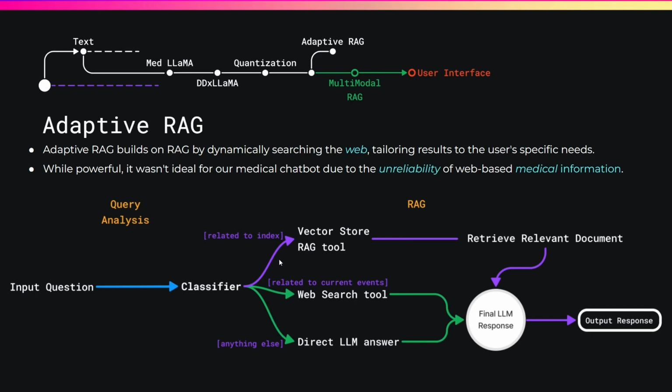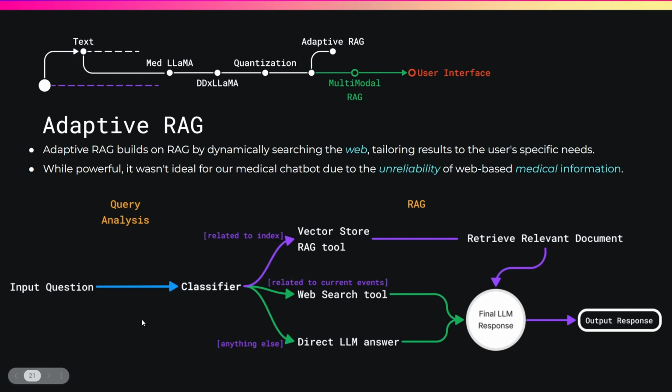If it is not relevant, then we simply do a web search to get the required context and generate the response. And even if the web search is not relevant, then we can simply use the LLM to generate an answer without retrieving any context whatsoever, and then the final output is up to the user.